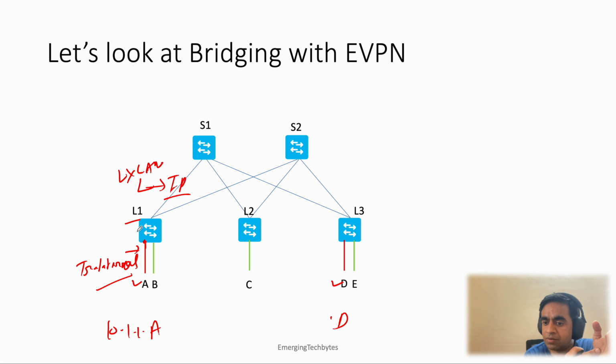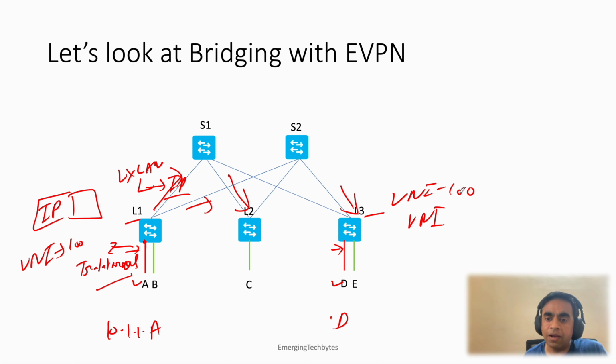The same value I will configure here also, VNI 100, and I will put that value somewhere into this packet. So when L3 sees that this is for 100, what does that 100 mean? That means the red Ethernet segment. So it will send that packet here. D will listen to this and say, okay, this is my address. I'm talking about that ARP process. I hope you understand that.